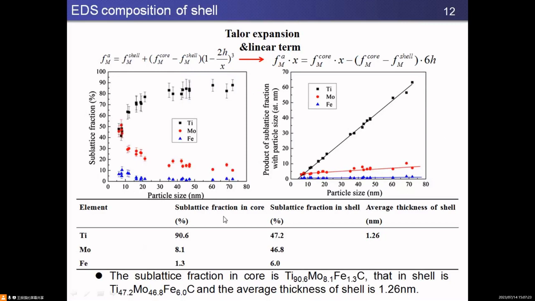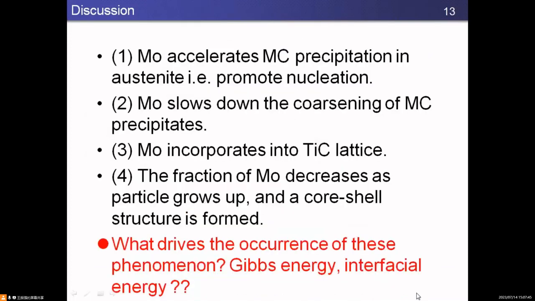In the shell, titanium is 47, Mo is 47, iron 6, and the average thickness of the shell is 1.26 nanometers. So let me briefly make a summary.